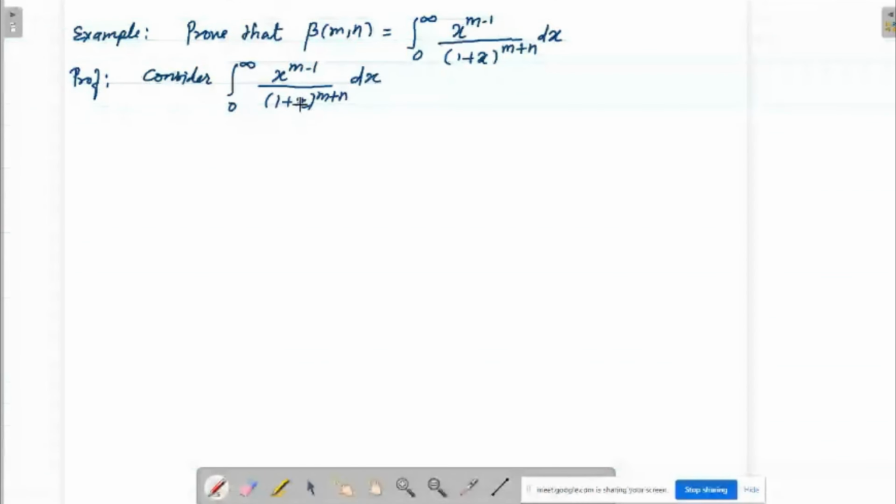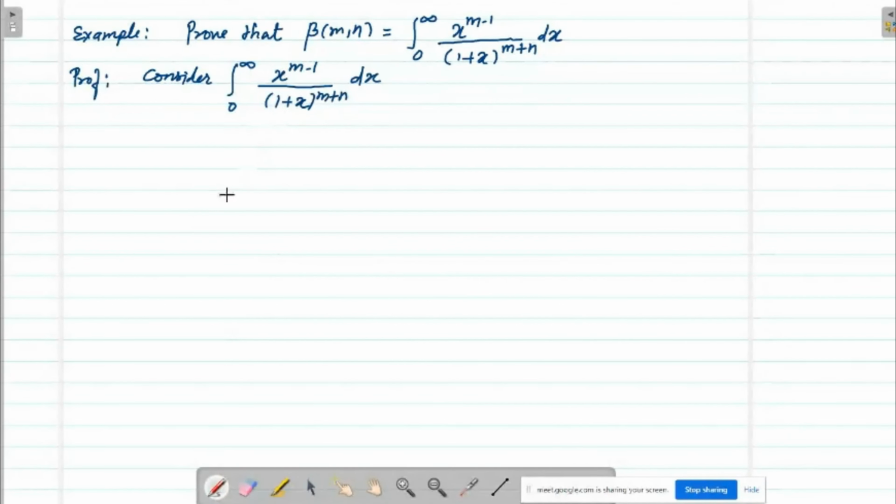You know the formula sec square theta equals 1 plus tan square theta, or sec square theta minus tan square theta equals 1. This is the relation for tan. So we put x equal to tan square theta, then we can solve this problem easily.